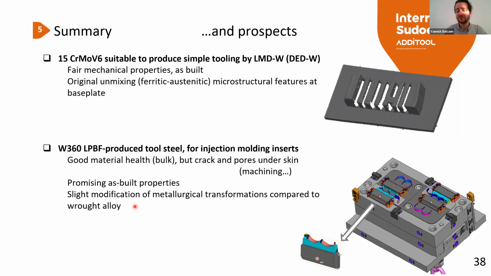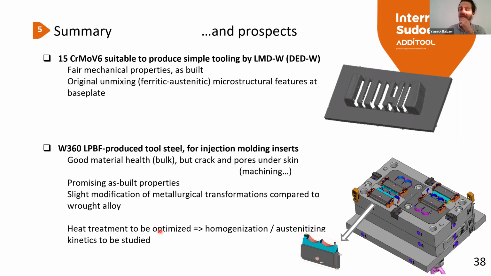By a conventional heat treatment, we can achieve the original properties, but it could be interesting to understand how we can propose an original heat treatment. For example, we can start disrupting this cellular as-built microstructure, and we could use it to have a new combination of hardness and toughness.